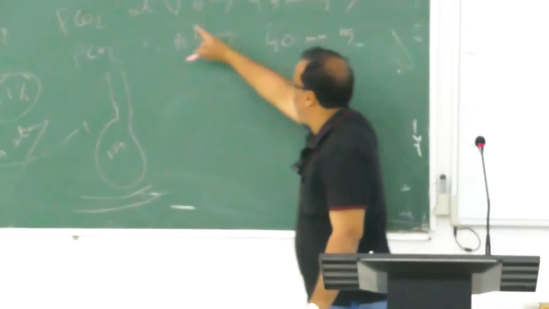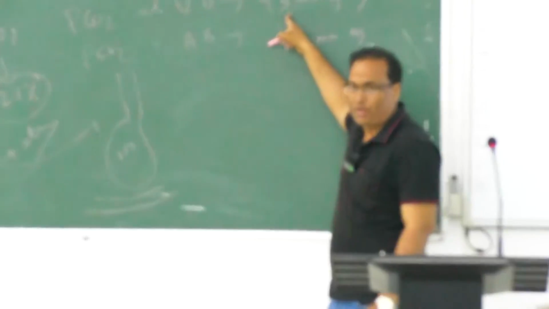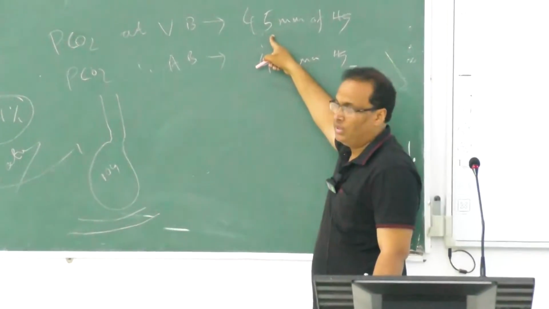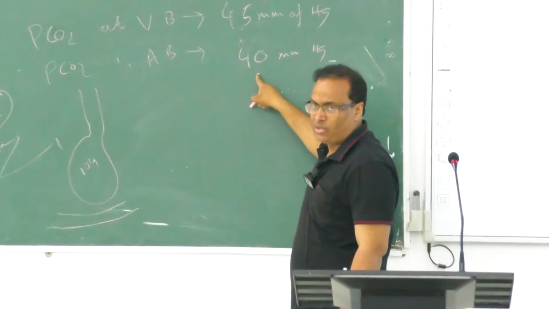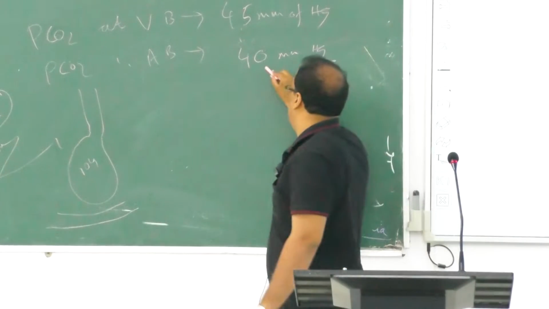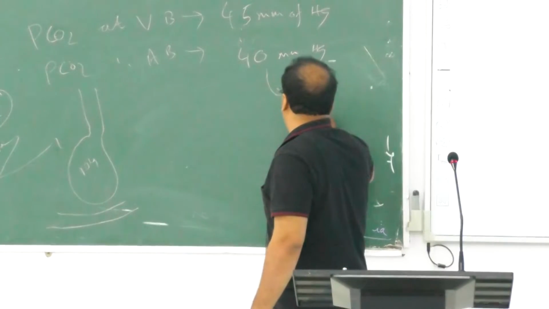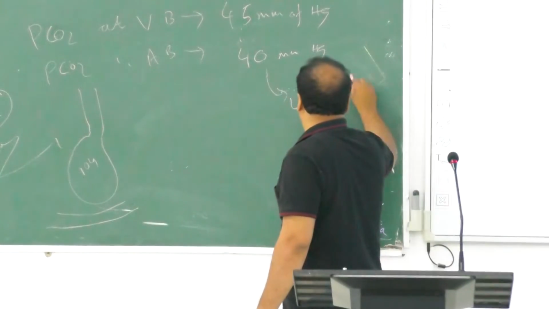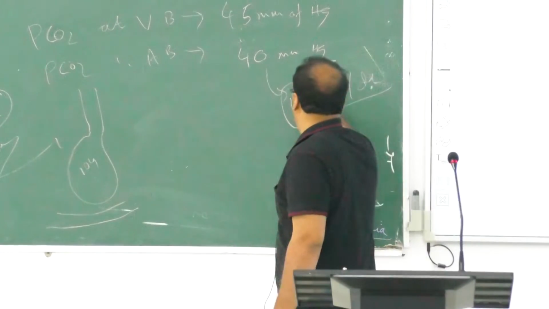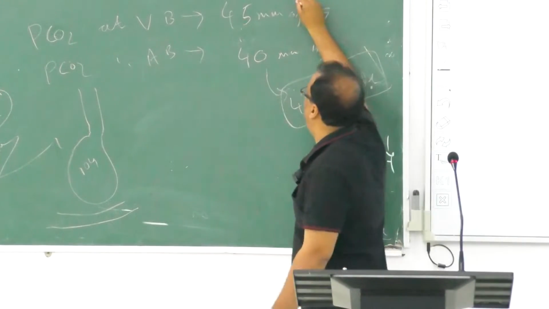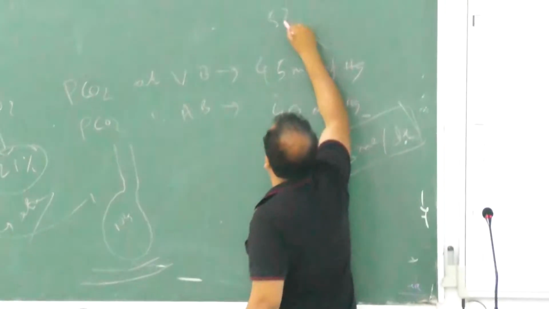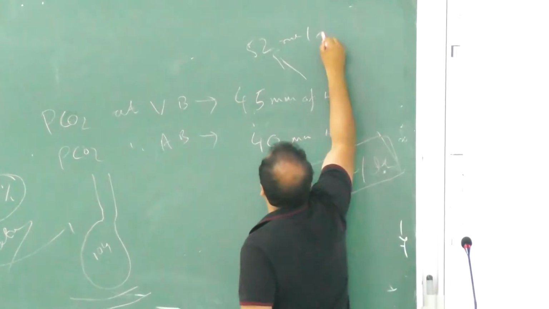As a whole, will venous blood have more or less carbon dioxide? More. And arterial blood will have less carbon dioxide. 40 is mainly the arterial, and here it is present at 52 ml.